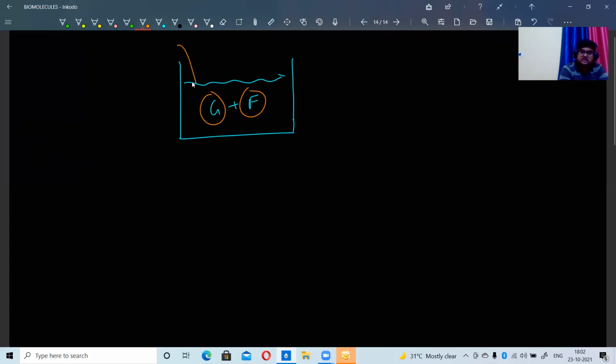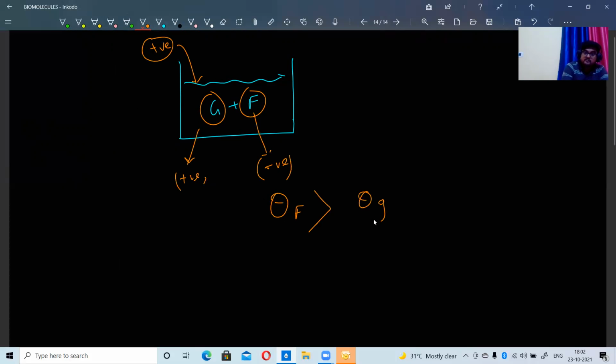Sucrose is dextrorotatory. Now, glucose becomes dextro, and fructose becomes levo. But remember the theta value for fructose is very, very much greater than the theta value of glucose. That's why the levorotatory movement dominates. This becomes the more dominating factor.